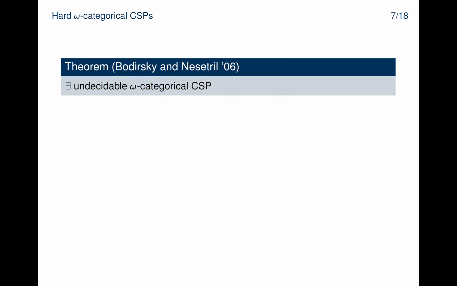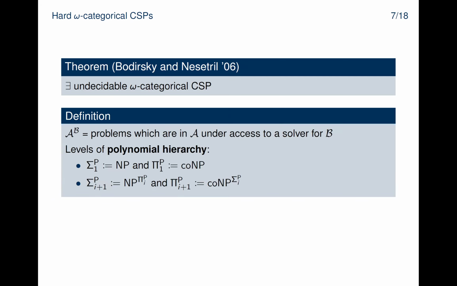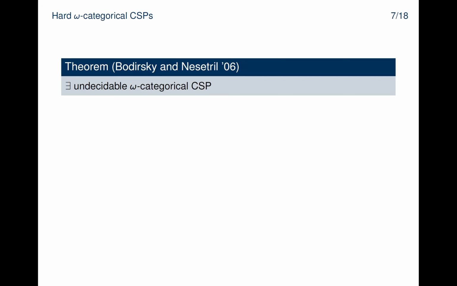They just observe that there are uncountably many different omega-categorical CSPs, while there are only countably many algorithms. So of course, not all omega-categorical CSPs can be solved by an algorithm, right?